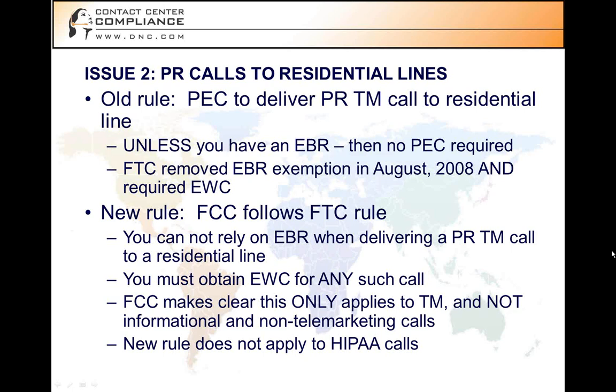Under the new rule, and this is actually an example of the FCC just following what the FTC has in place, and that's good news to the extent that it provides consistency for the industry, you can't rely on an established business relationship if you are delivering a pre-recorded telemarketing call to a residential line. You have to obtain express written consent for any such call.